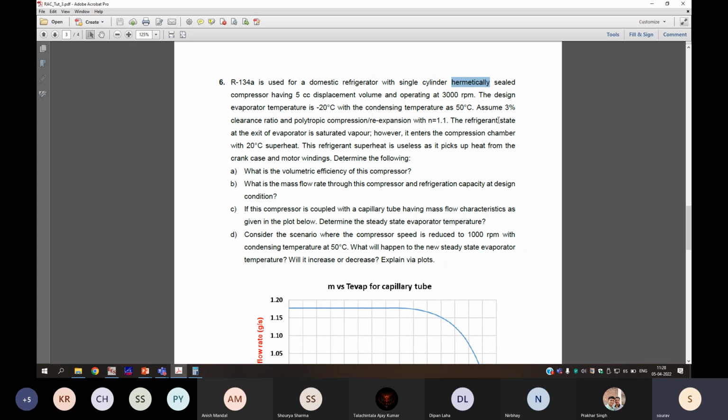There is no external media to cool the motor. So in order to cool the motor, the refrigerant, by the time it enters the compressor, could be superheated. So due to multiple reasons, there could be a change in state of the refrigerant between the exit of the evaporator and entry to the compression chamber. That is given here as 20 degrees. So when you're using the density, you have to use the density at this inlet condition to your compressor and not the exit from the evaporator.